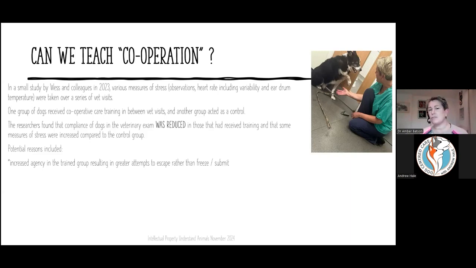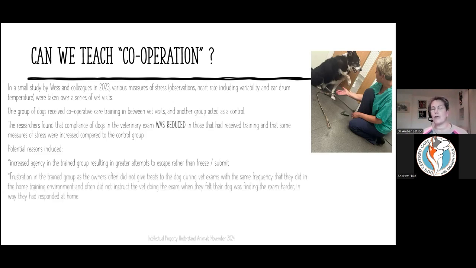And that's something that we need to recognize and we need to work through, because the well-being of the patient who is trying to move away, who is trying to communicate, is still better than the dog who's giving up, even though for us in clinical practice it doesn't feel very helpful, but it is something that we can work through if we do it in the right way.